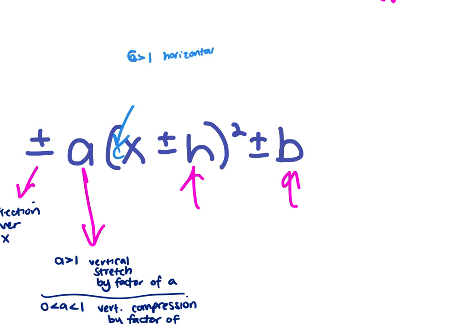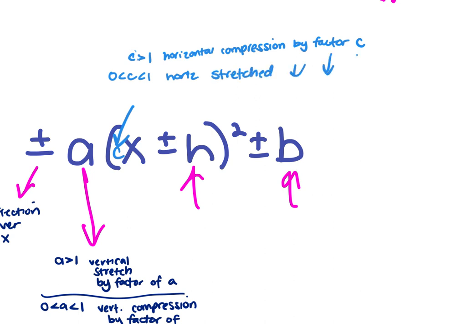Horizontal compression, but it looks like a stretch because if the walls caved in, it would make it more narrow. And if it was in between 0 and 1, then it's a horizontal stretch, like it's being pulled from the sides by a factor of c.